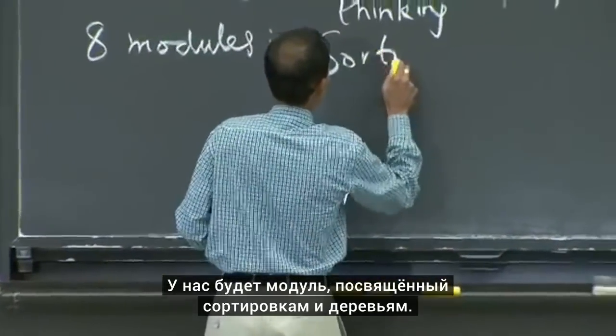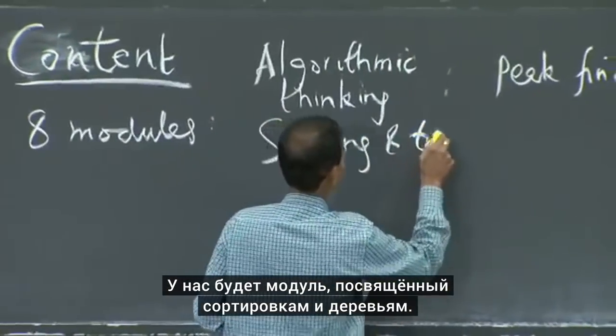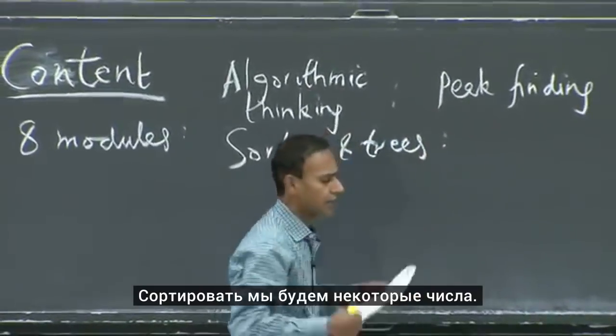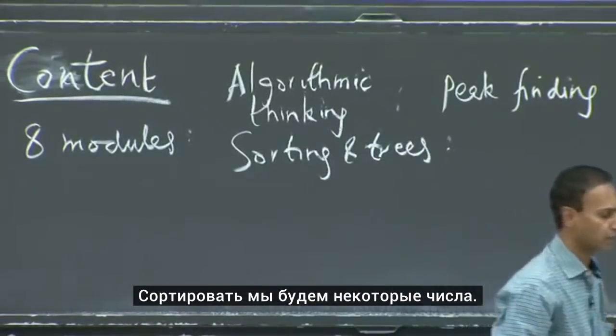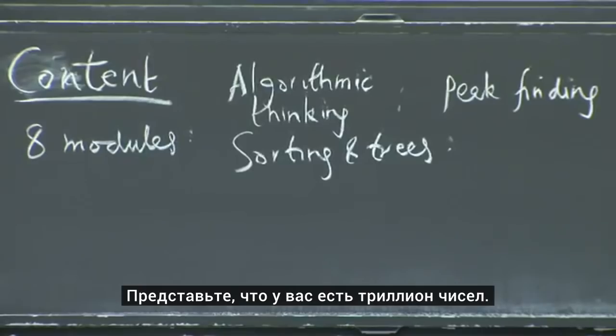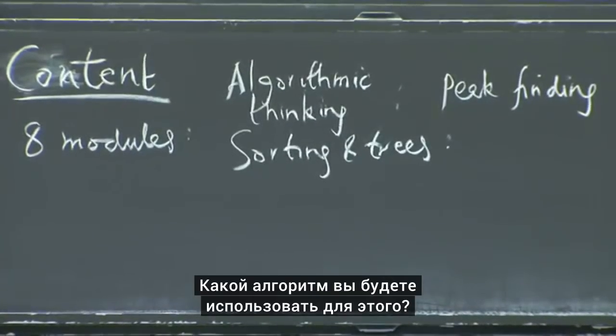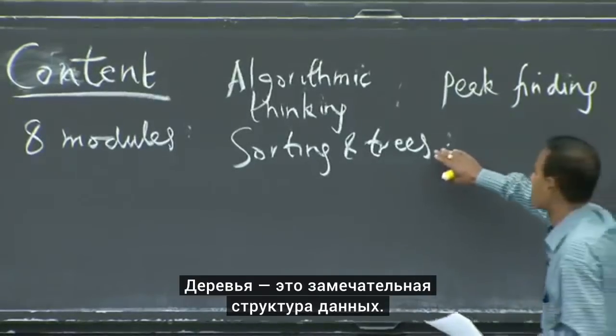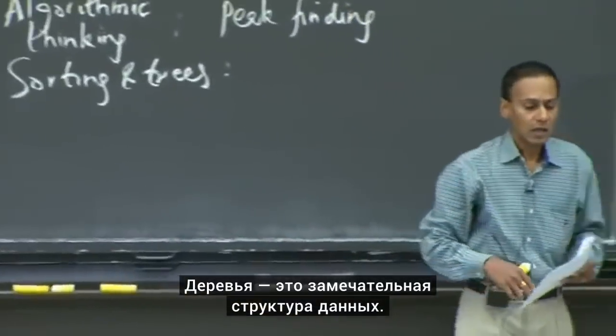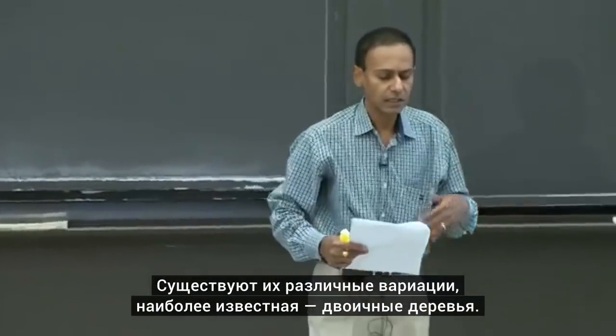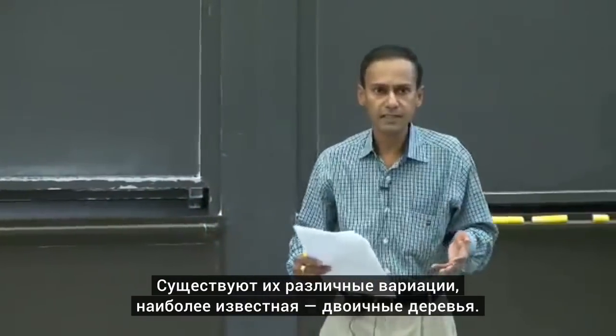We're going to be doing a module on sorting and trees. Sorting, you know about, sorting a bunch of numbers. Imagine if you had 1 trillion numbers and you wanted to sort them. What kind of algorithm could you use for that? Trees are a wonderful data structure. There's different varieties, the most common being binary trees.